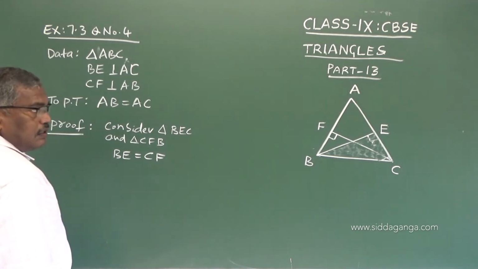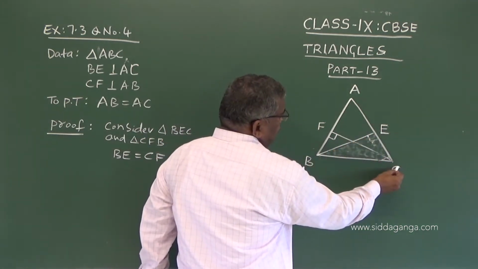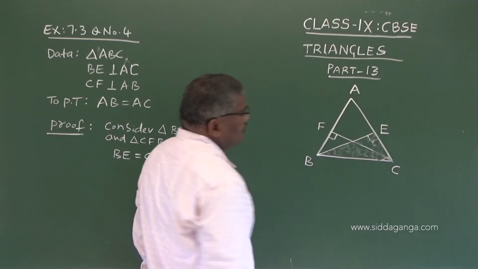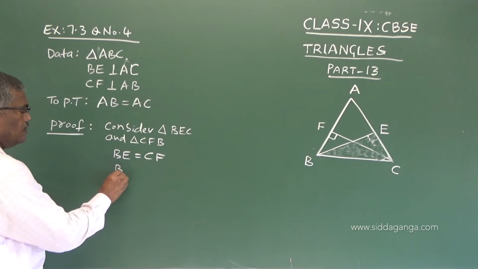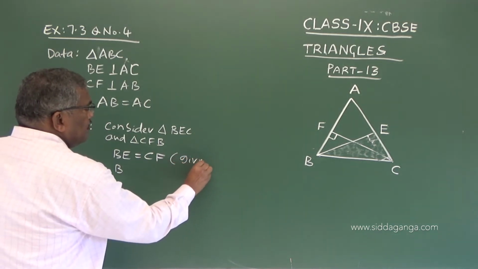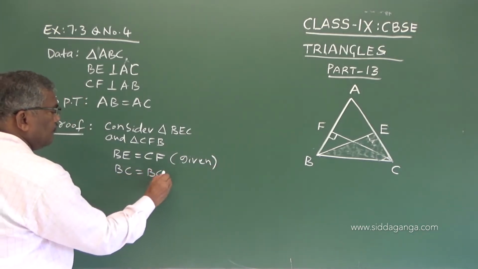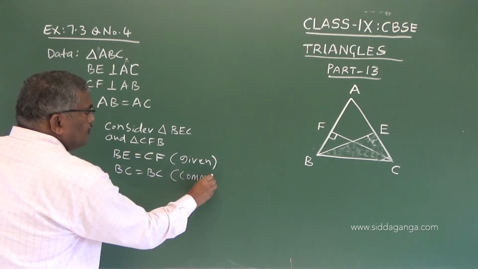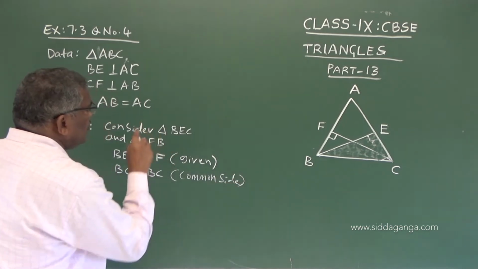And in these two triangles, BEC and CFB, you can observe BC is common to both. So therefore I will write this is given BC is equal to BC, common side of both the triangles which are under comparison.